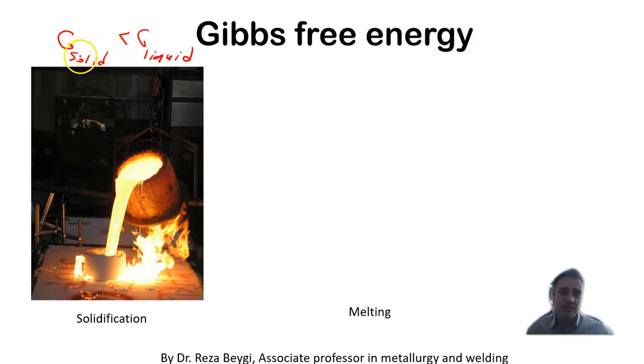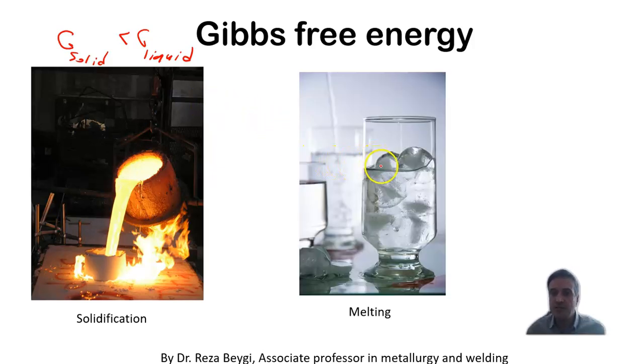So the solid state is more stable because the Gibbs free energy of it is lower below the melting temperature. Above the melting temperature, for example, you consider these ice cubes, the Gibbs free energy of the liquid is lower than the Gibbs free energy of the solid.